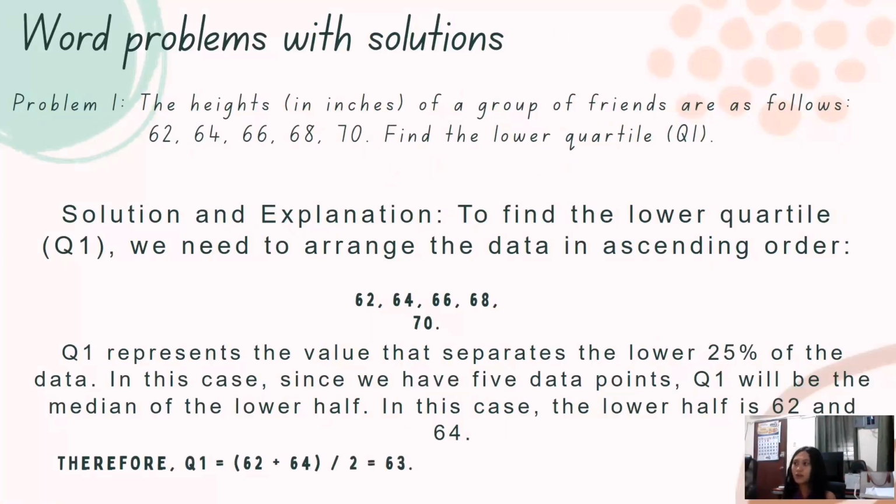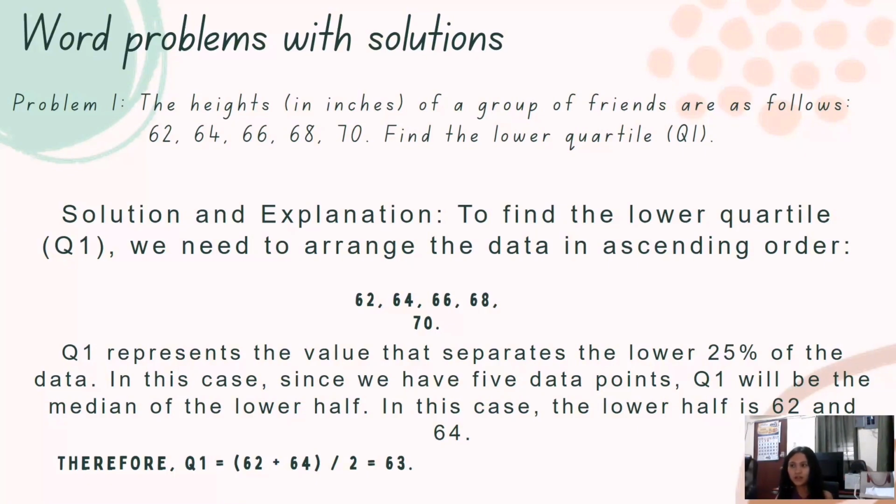So here are the word problems with solutions. First problem. The heights in inches of a group of friends are as follows: 62, 64, 66, 68, and 70.